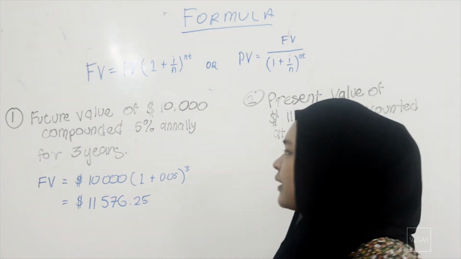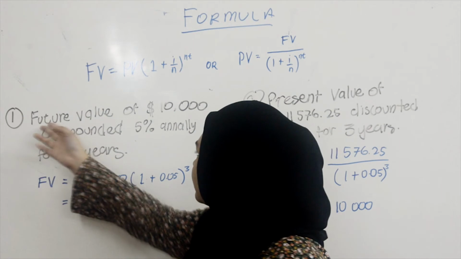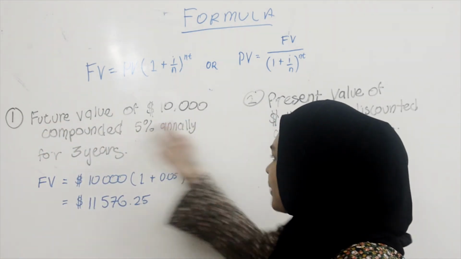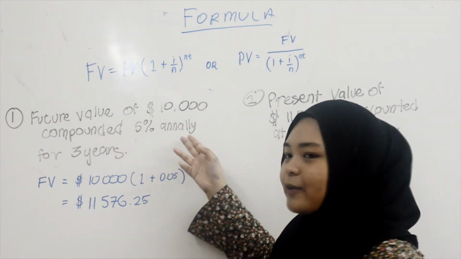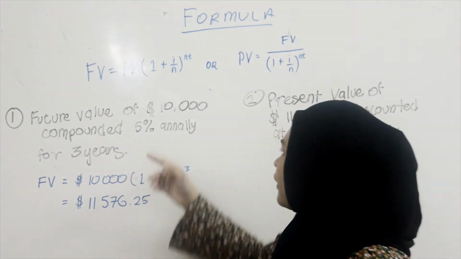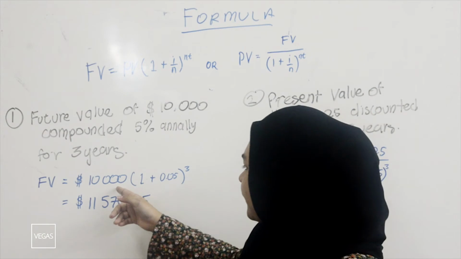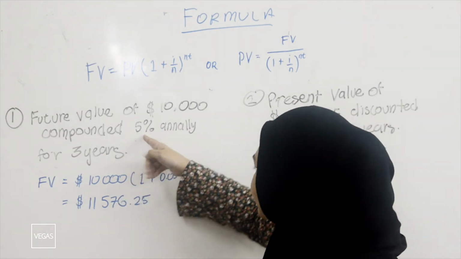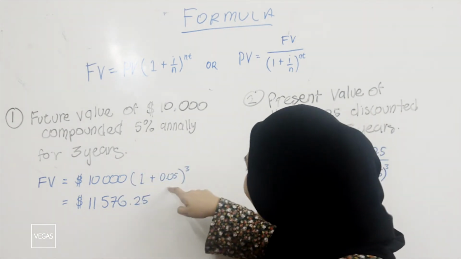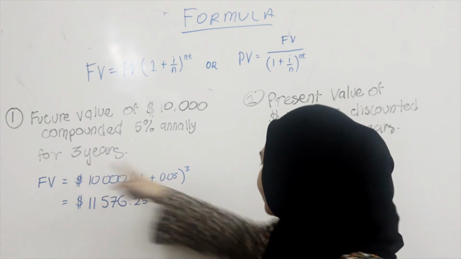For example, finding the future value of $10,000 compounded at 5% annually for 3 years, where $10,000 is the present value, 5% is i over n, and 3 years is nt.